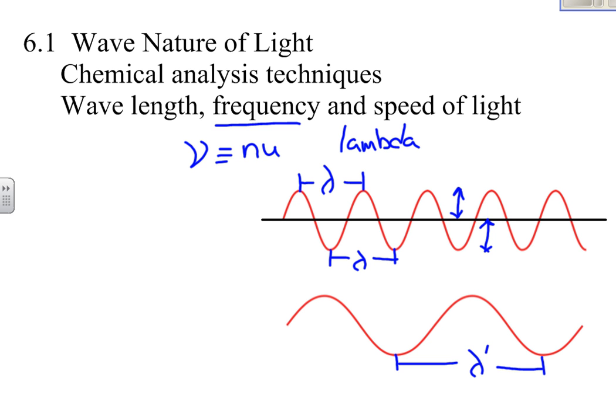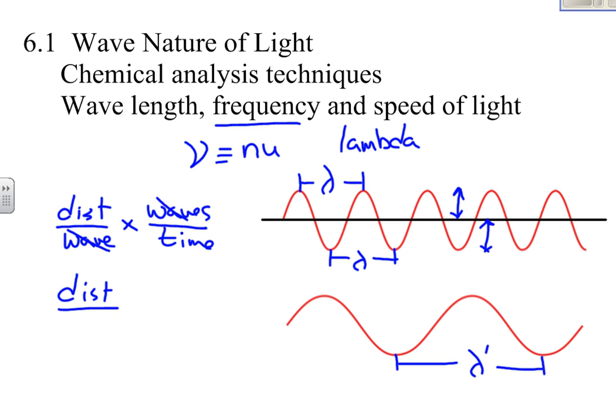Now, if we put the two of these together, we have our wavelength, which is the distance per wave, along with the frequency, which is the number of waves per amount of time. Okay. If we multiply these two together, we see that the wave part cancels out, and we get distance over time.